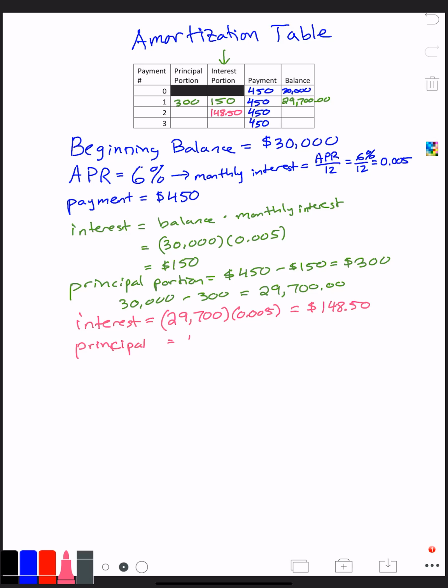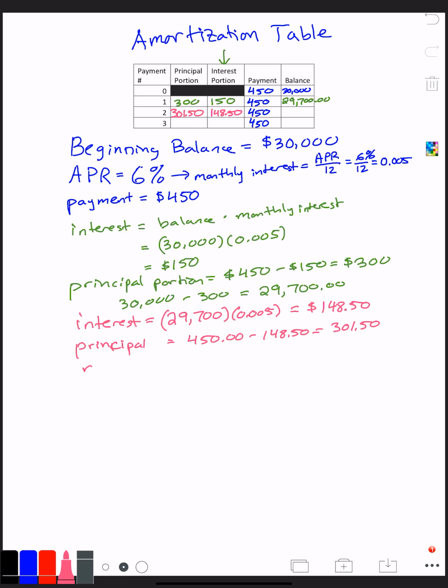That's going to be the $450 payment total minus $148.50. That's going to be $301.50. I just want to point out here, notice that after we had made the first payment, the balance was smaller. As a result, we paid a little bit less interest in the second month and a little bit more principal. And it's going to keep on like that until you've paid off your loan fully.